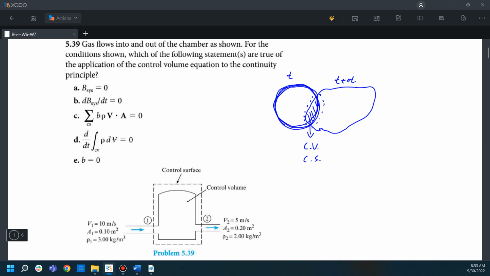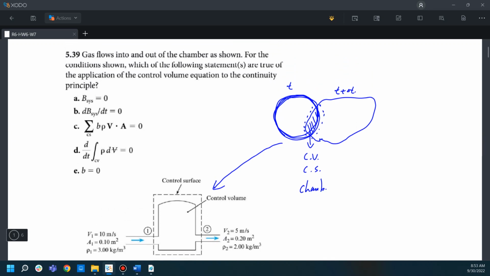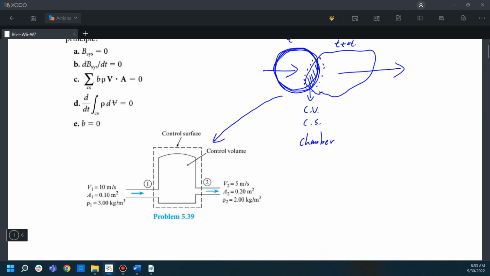Okay, so that we can analog this diagram into the figure. So this middle part is our chamber, and this part is the inflow to this chamber, and this part is the outflow of this chamber. Okay, so these two are actually equivalent to each other.